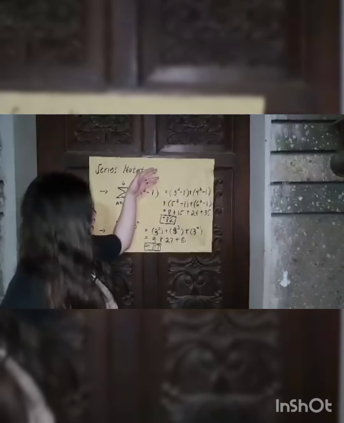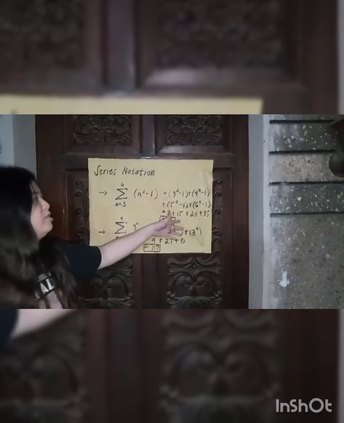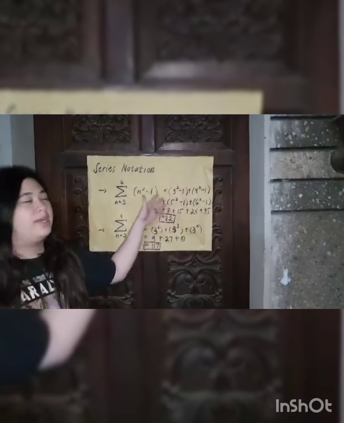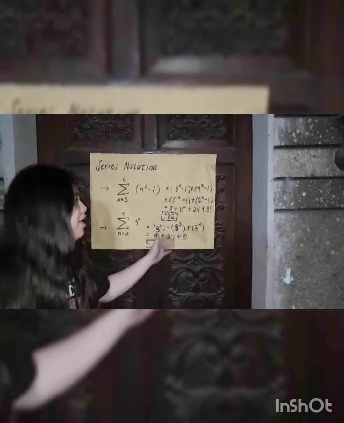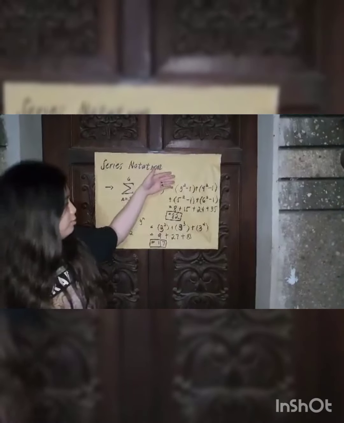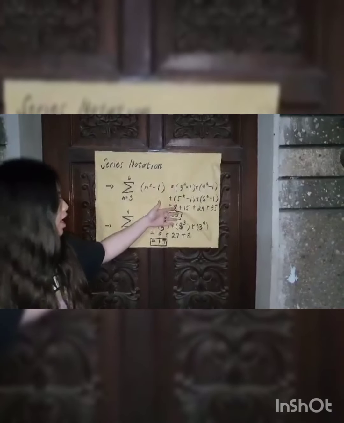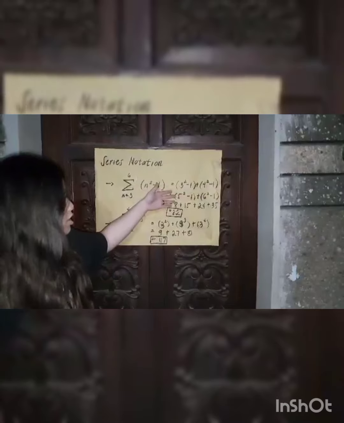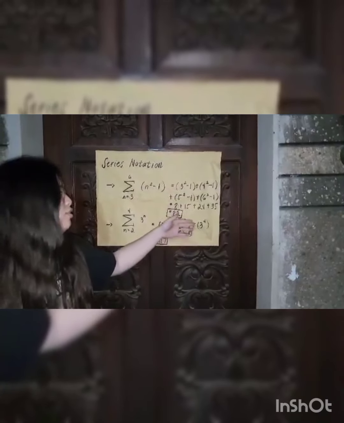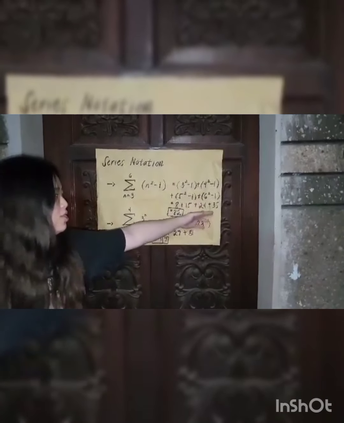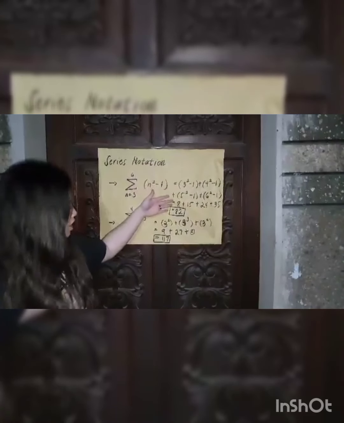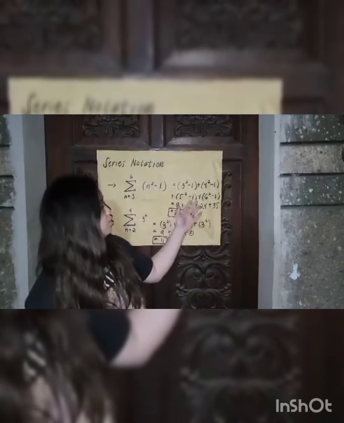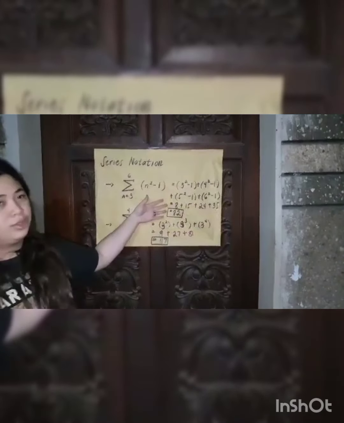So 3 squared minus 1 plus 4 squared minus 1 plus 5 squared minus 1 plus 6 squared minus 1. 3 squared minus 1 is equal to 8, 4 squared minus 1 is equal to 15, 5 squared minus 1 is equal to 24, and 6 squared minus 1 is equal to 35. When you add it, 8 plus 15 plus 24 plus 35 is equal to 82.